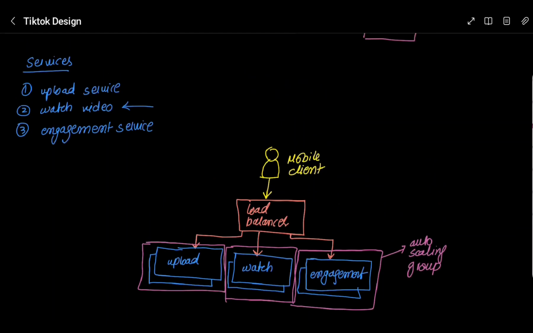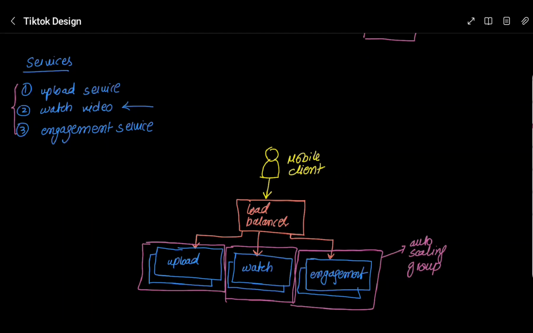So obviously, we can decide on a number. When you see these services over here, all 3 of them, it's kind of hard to decide which one's the most crucial one. Obviously, since a lot of people would be just scrolling through the application, we can say that the watch video service would be the one service that would have a lot of incoming traffic.